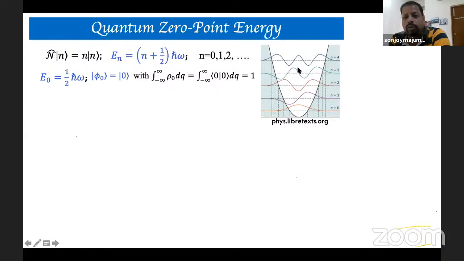So to go from the ground state to a higher excited state, you need external light. Or if you want to allow the atom to go from an excited state to any other lower state, it will emit light. By this process, experimentally, you can see this.